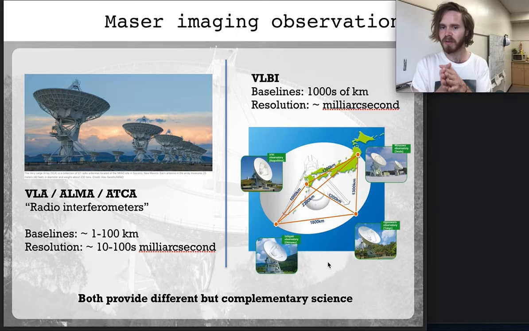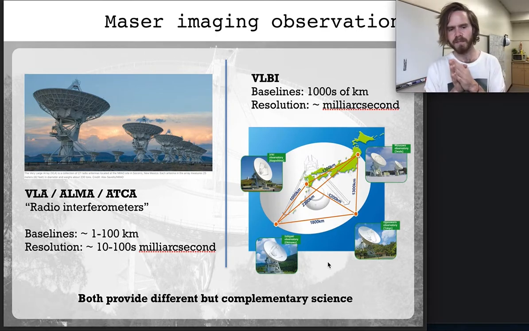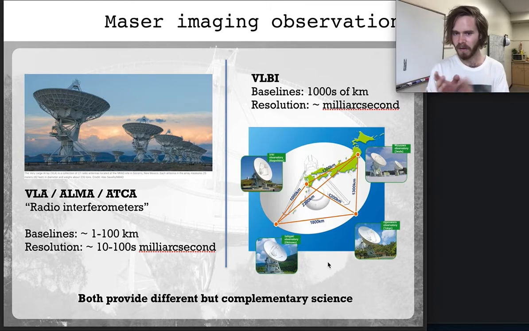I myself mostly am VLBI. I've never touched the VLA or ALMA or ATCA personally, and I don't monitor masers myself. So I'm a VLBI person. But they're all very much helpful to have, all of them if you can.